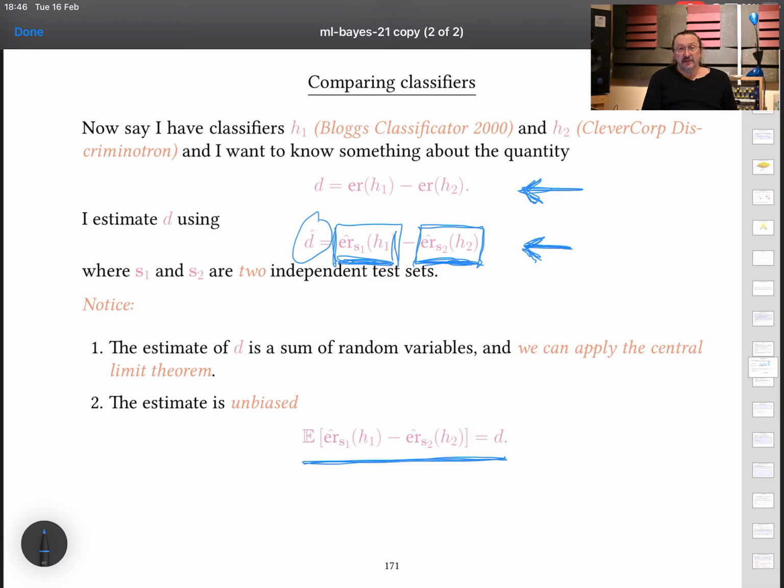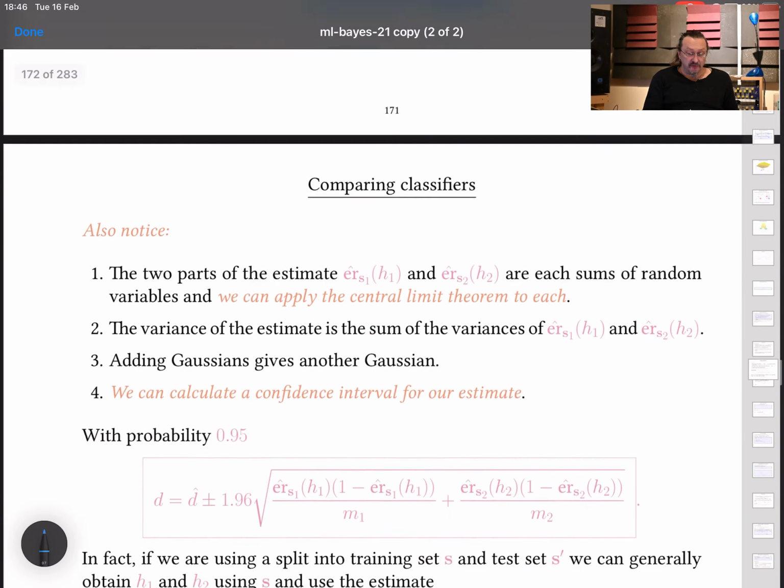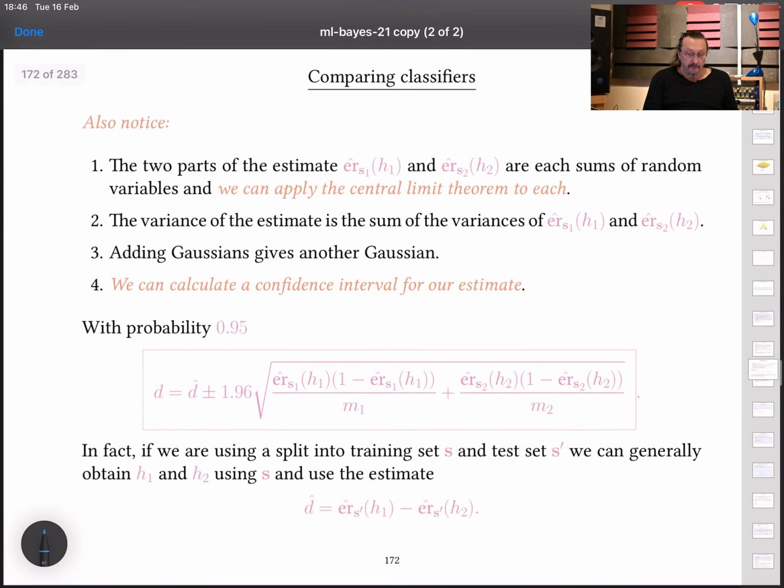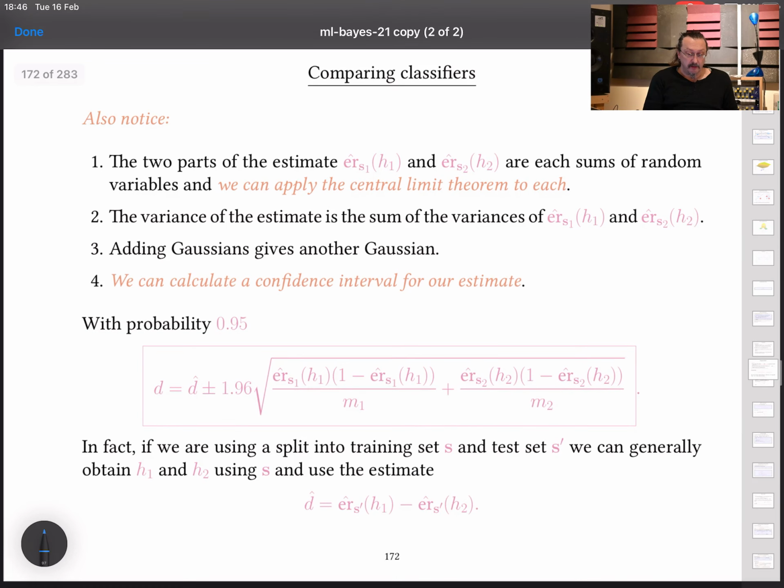And as a result of this, we can just carry through the same argument as before. Okay? The two parts of the estimate, the estimate for h1 and the estimate for h2, are each sums of random variables. The variance of the estimate is the sum of the variances of the individual estimates.